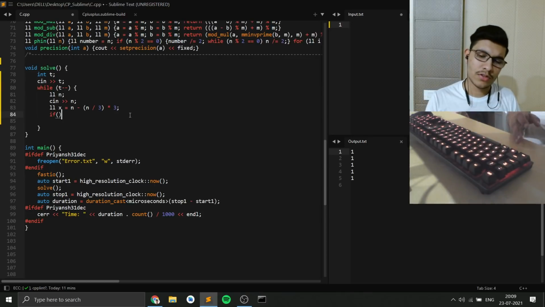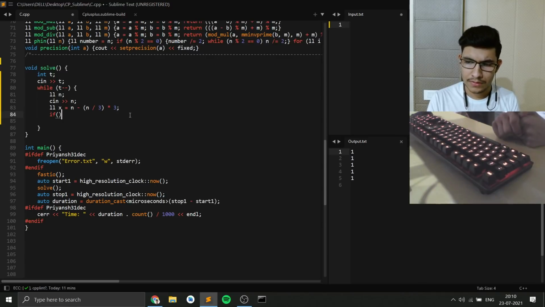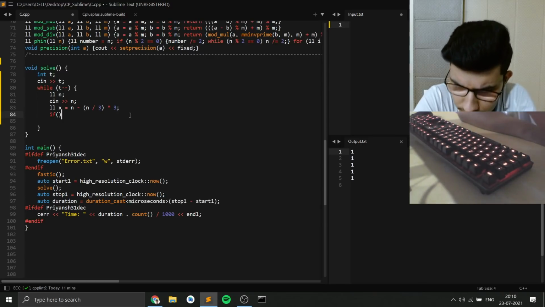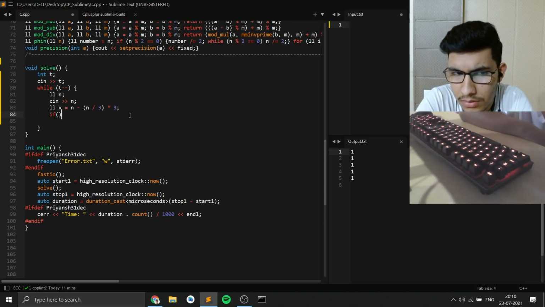If I'm having a difference of 2, I can reduce it to a difference of 0. If c1 is greater than c2 by 2, then I can just subtract 2 from c1 and put it into c2. So that will make the overall difference 1.